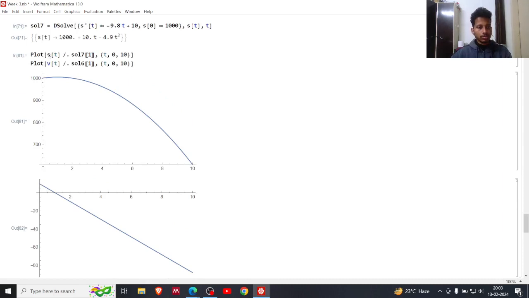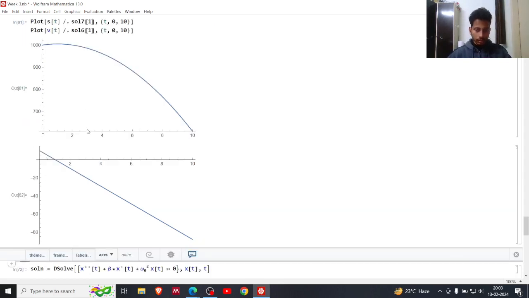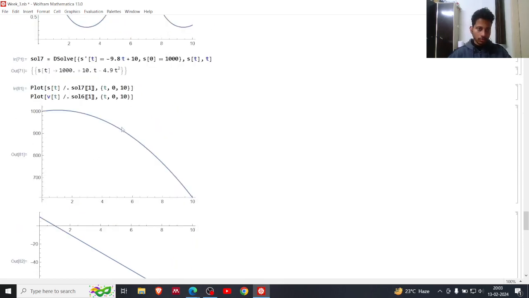So this is the displacement plot, and this is the plot for the velocity. So the velocity is showing a straight line because its slope is constant, as it is experiencing a constant deceleration throughout its journey, and at this point it is crossing the zero value.